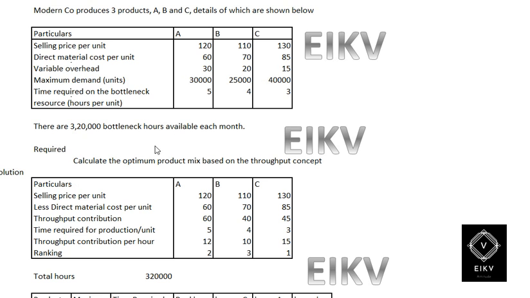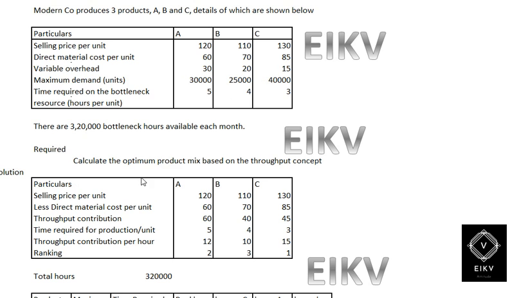In this illustration we need to calculate the optimum mix based on the throughput concept. We have 3,20,000 bottleneck hours, and the hours per unit are 5, 4, and 3.